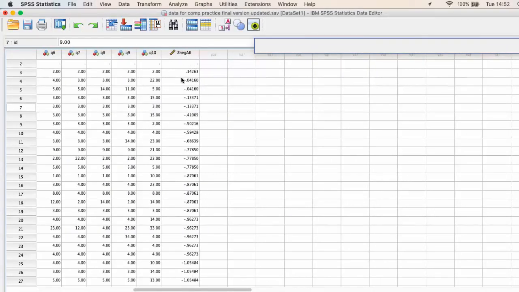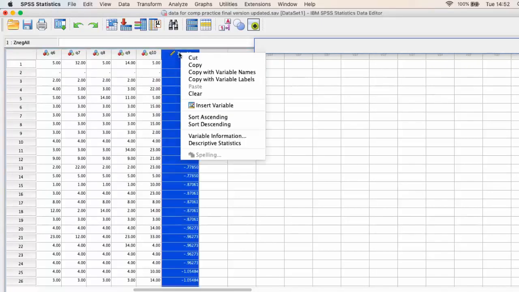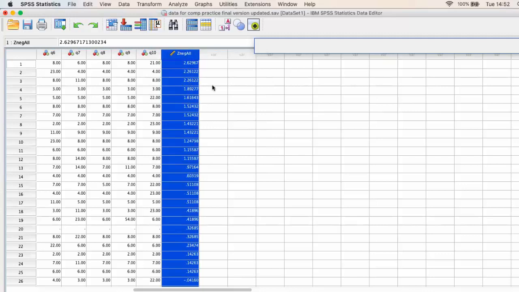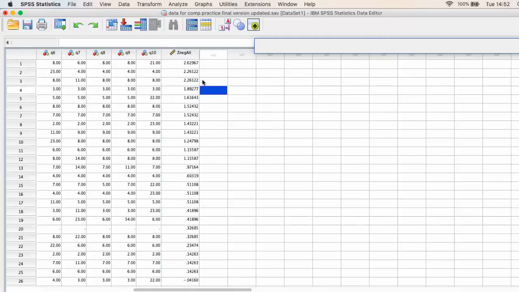You already have the z-scores now, since we checked off to save those z-scores. So this will tell you specifically which ones are outliers. All you have to do is right click it, or however you can do it on your laptop, and sort descending. And you can see which ones were above 1.96 or which ones were below negative 1.96.